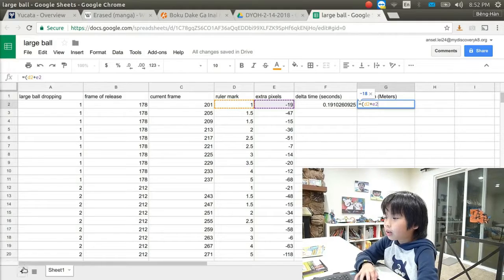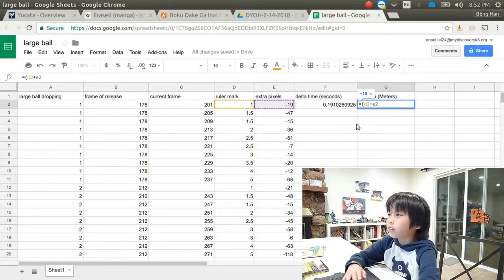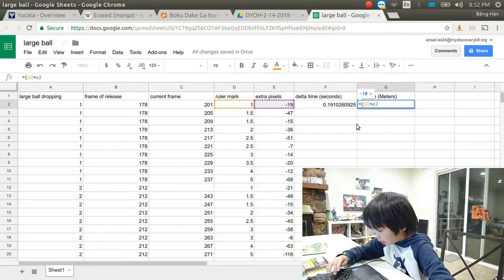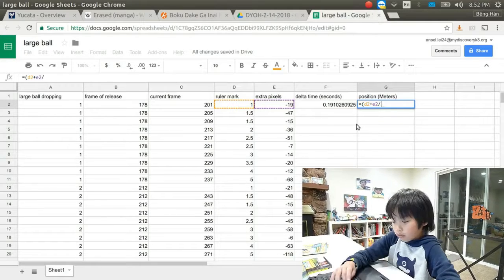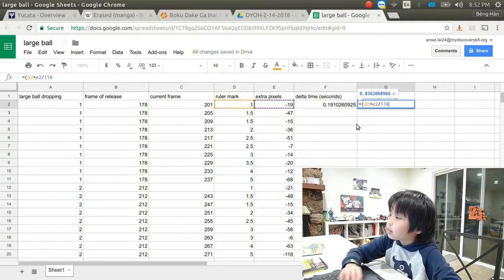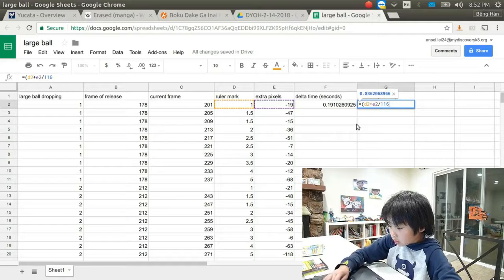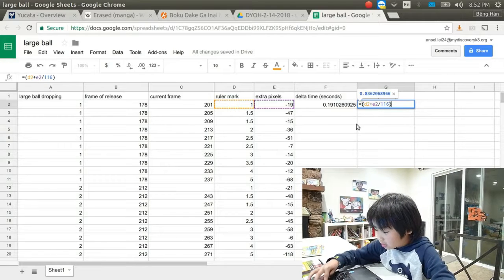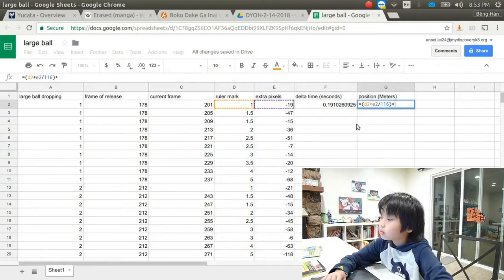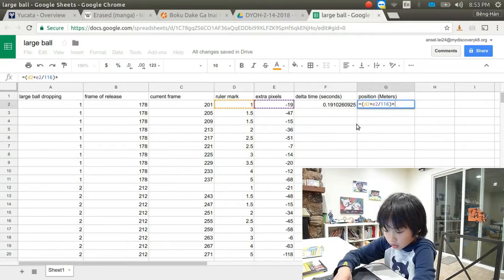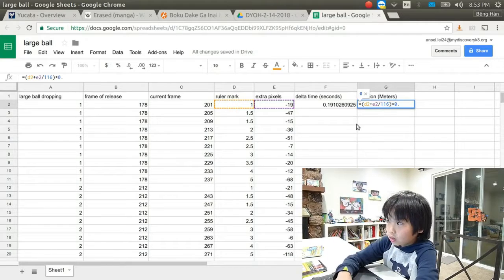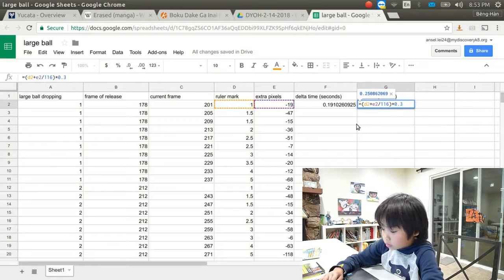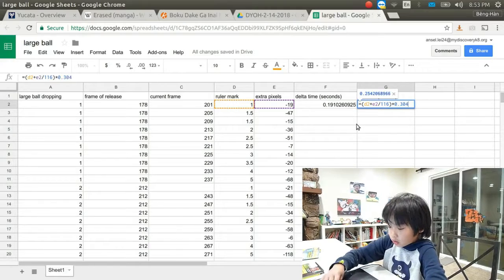But now we know that one foot is 116 pixels, so divide that by 116, and then times 0.3048.